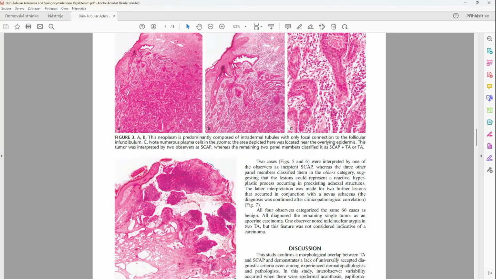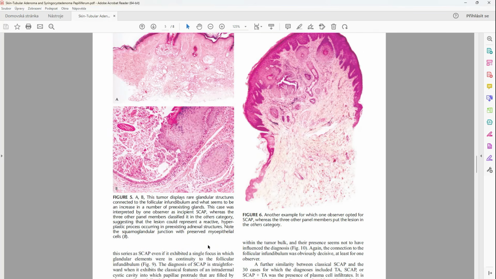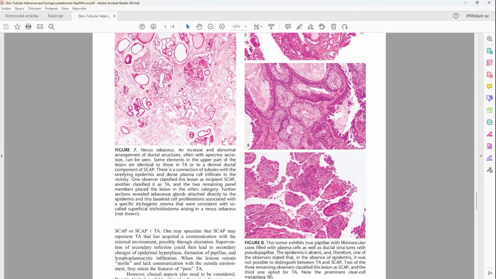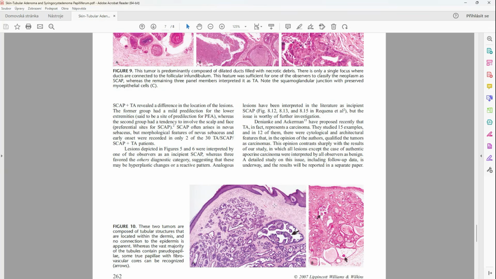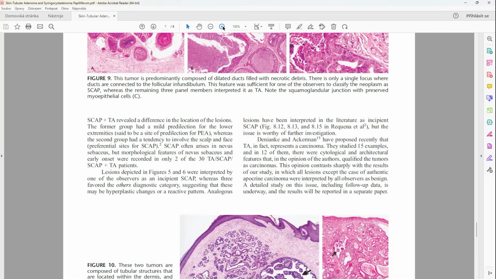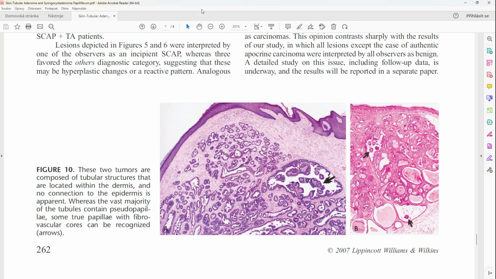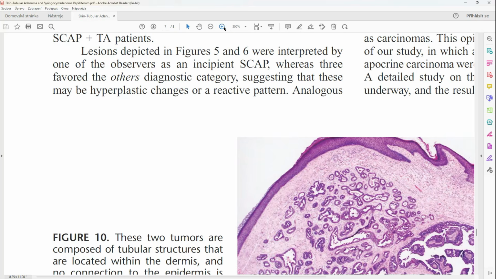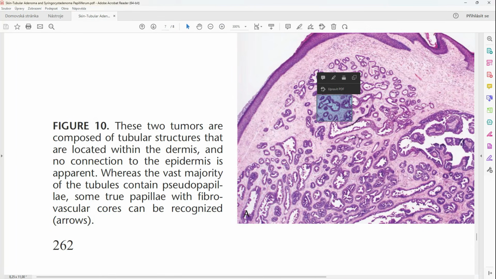atypicality in these ductal structures, so that it may be a pitfall.